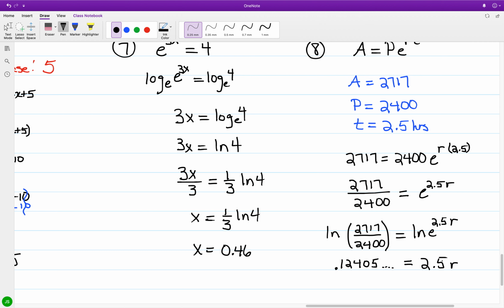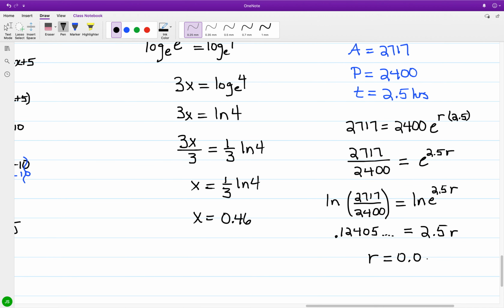And for the natural logarithm of 2717 over 2400, dividing by 2.5, we have for the value r, among the first digits on display, 0.0496238.